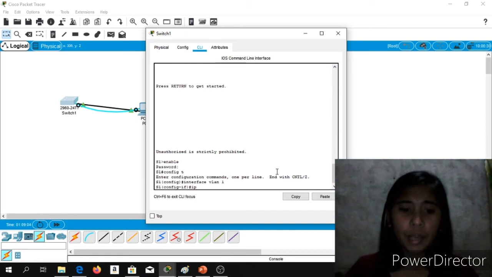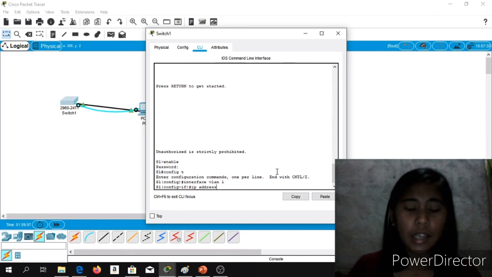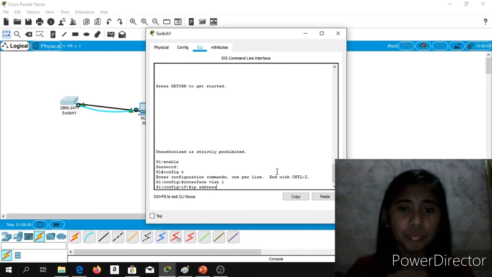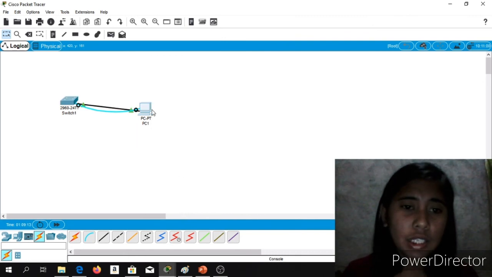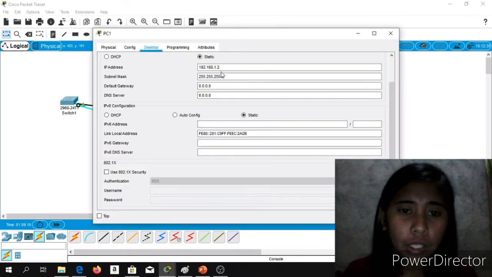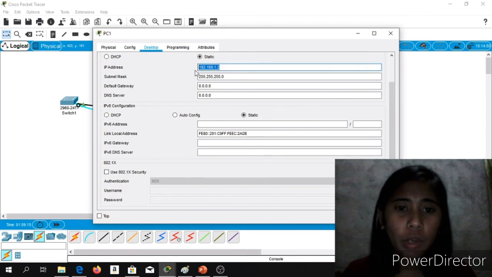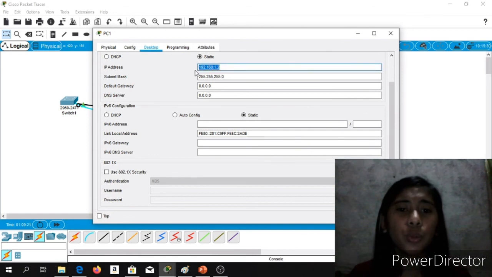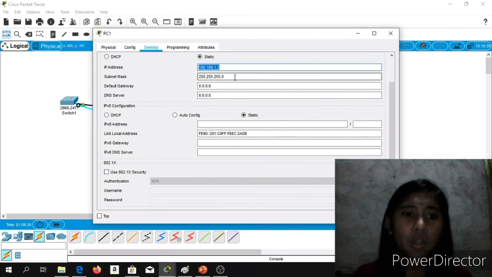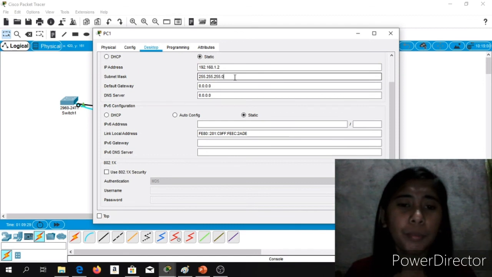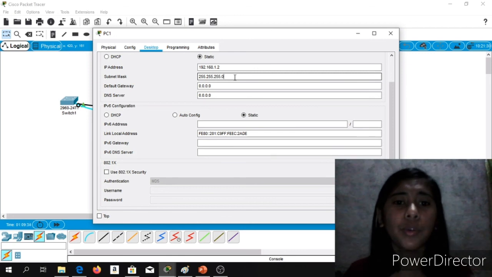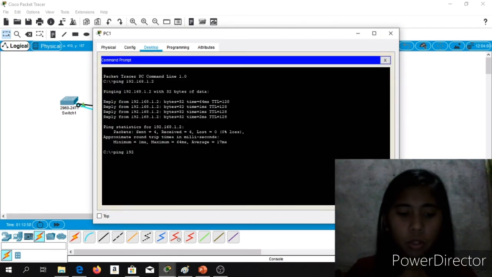Then after that, we will input our IP address, and that IP address is from this PC1, which is 192.168.1.2, and its subnet mask, which is 255.255.255.0, and the other is 192.168.1.10.